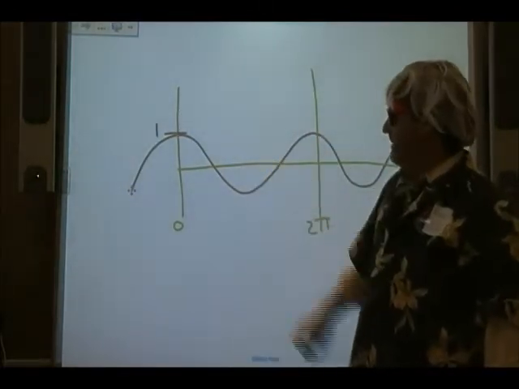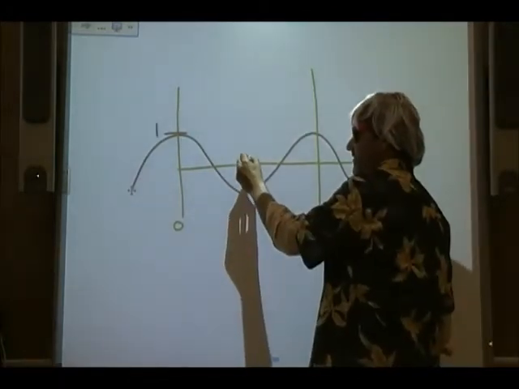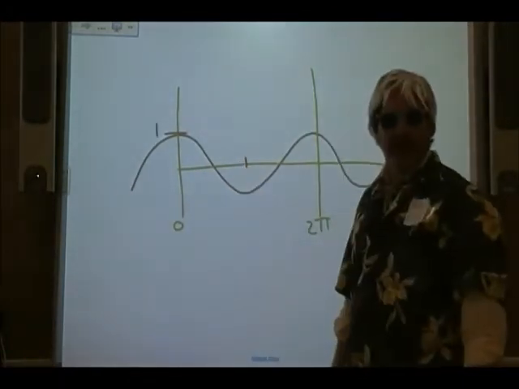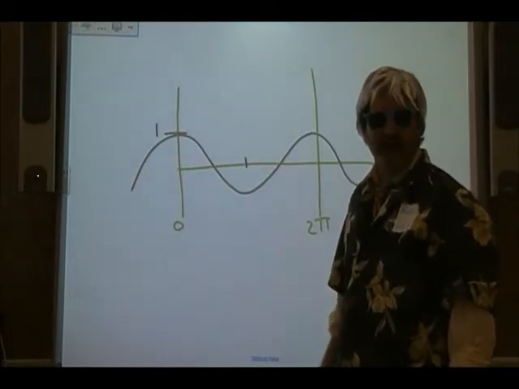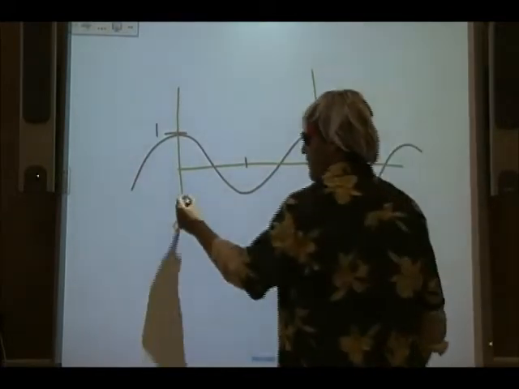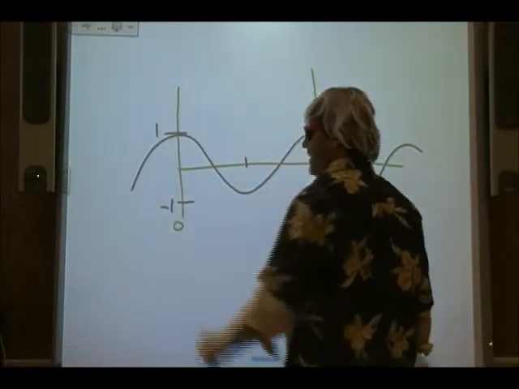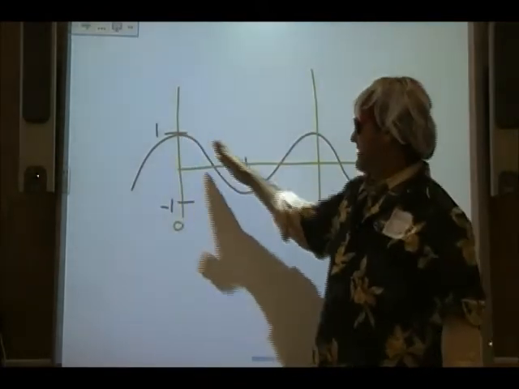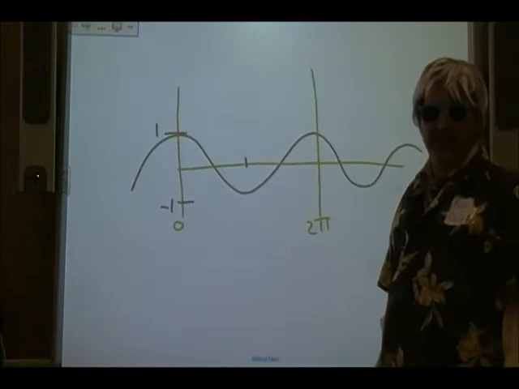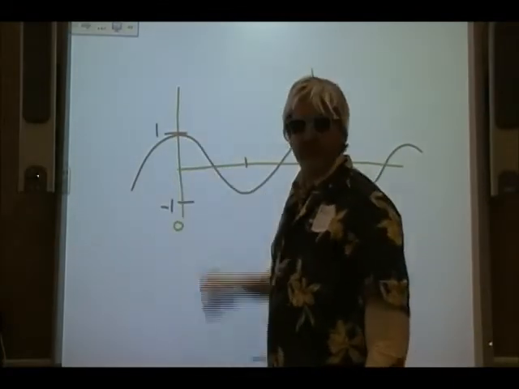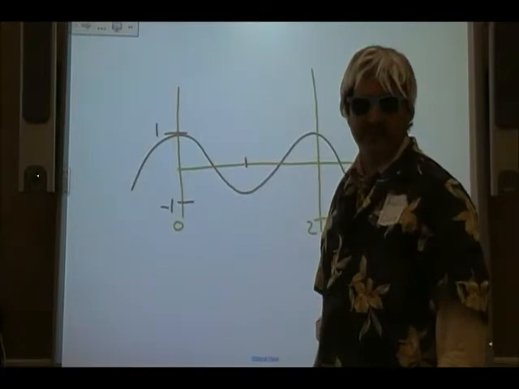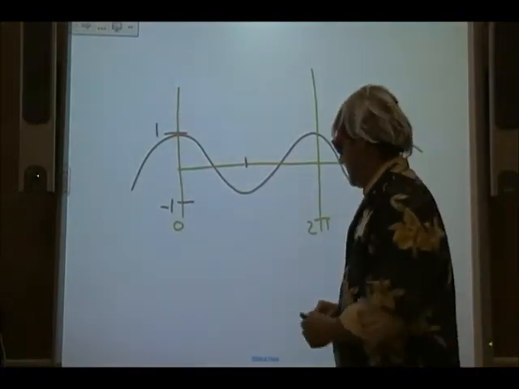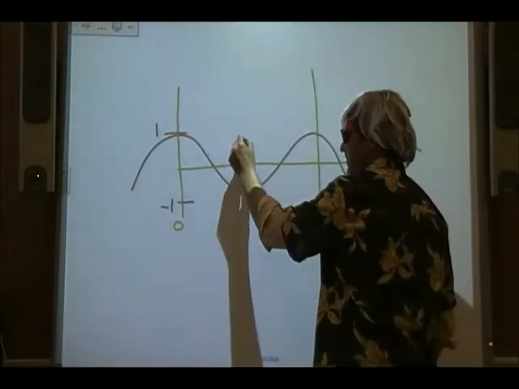And in between, you're going to have pi. And the cosine of pi, which is the same as cosine of 180, is negative 1. So this is negative 1. This section right here is how you graph y equals cosine x from 0 to 2 pi. Nice and simple. And in between, this is pi.